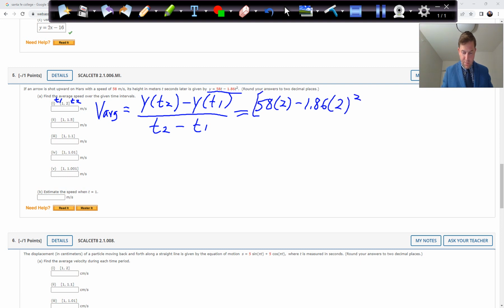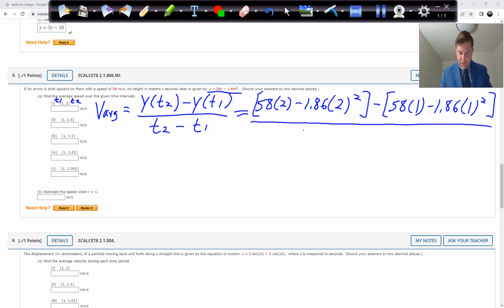Now, I would probably use brackets for this because I'm subtracting. Then plug in time 1. So it's going to be 58 times 1 minus 1.86 times 1 squared. And then the bottom is very simple. It's just 2 minus 1.